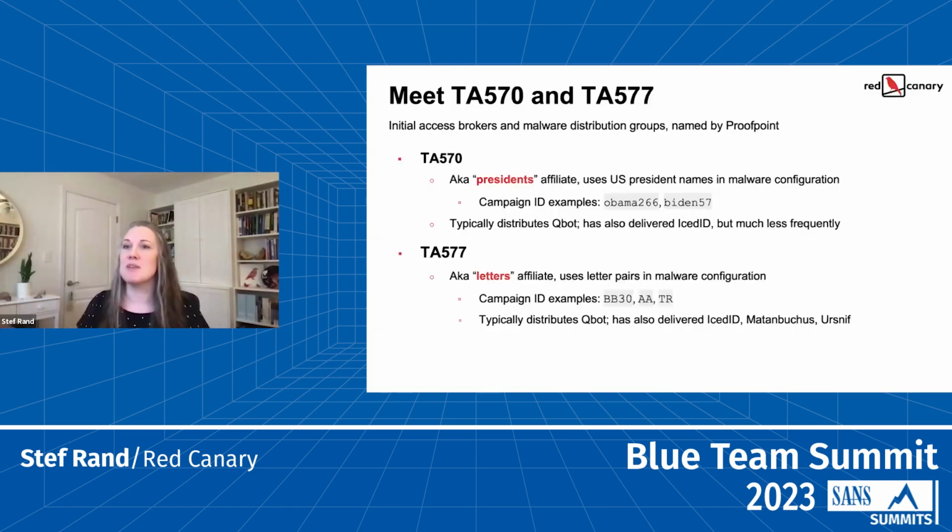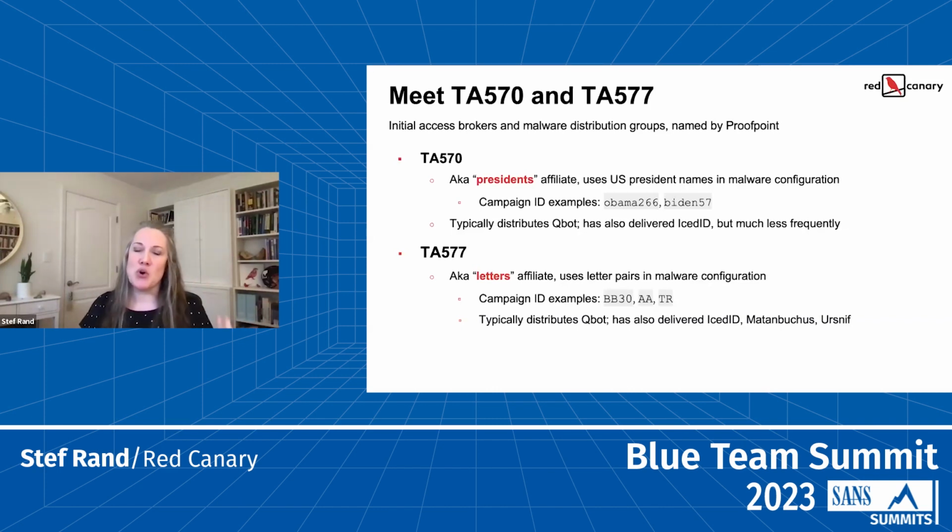All right, in case you have not been formally introduced to TA570 and TA577, they're initial access brokers and malware distribution groups named by Proofpoint. They do large-scale malicious phishing campaigns.